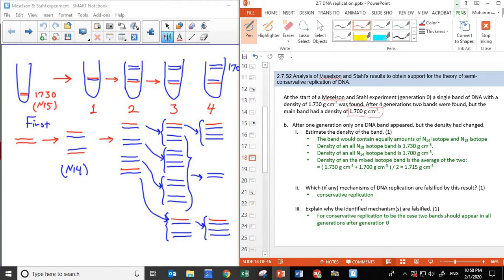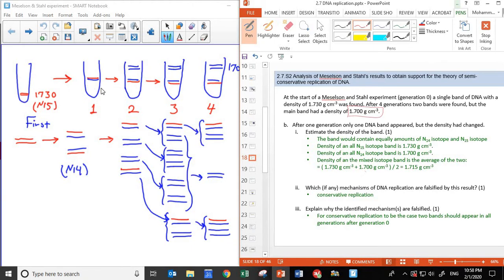The second question, which mechanisms of DNA replication are falsified? Of course, conservative replication is already falsified because in conservative replication, all the original bands should remain.